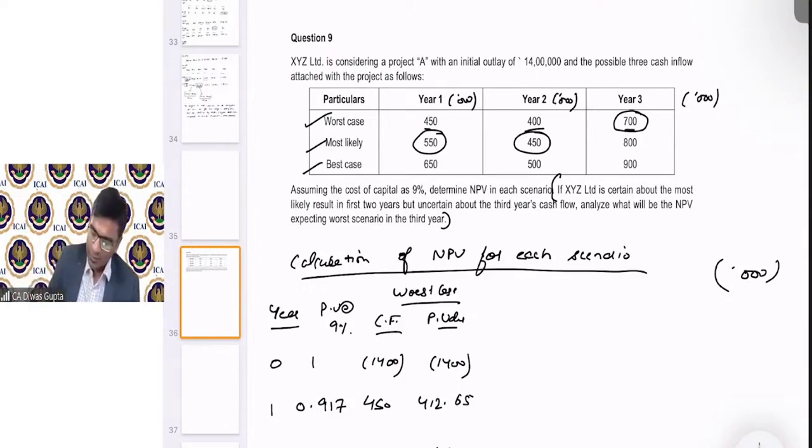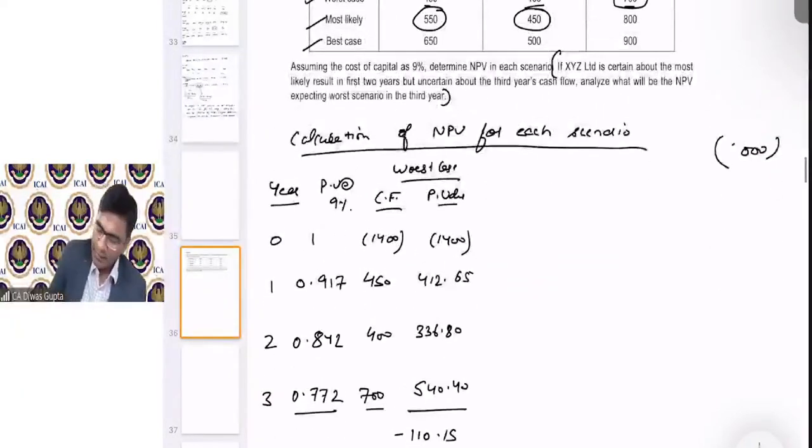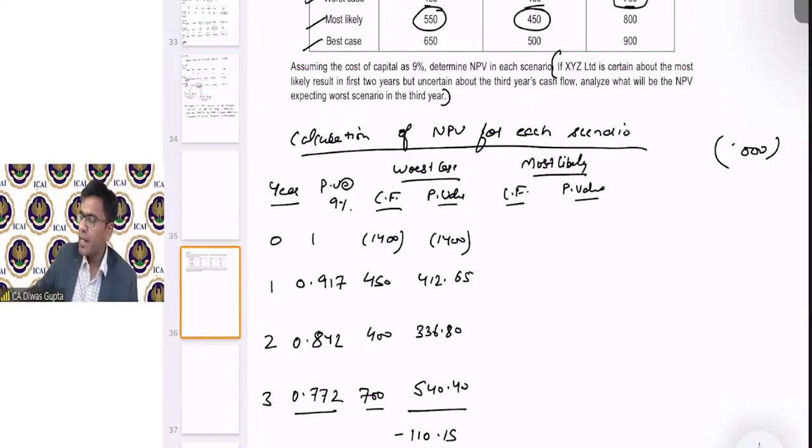Then the worst case becomes most likely. For most likely, the cash flow is how much and the present value is how much? So the cash flow for most likely, again for the first year, will be 1400. Then the second year will be 550, 450, and the third year will be 800.